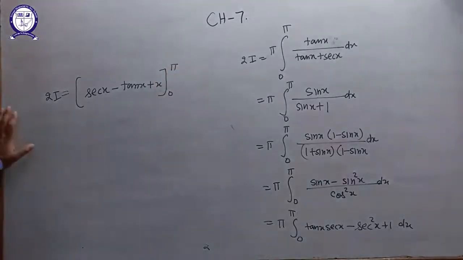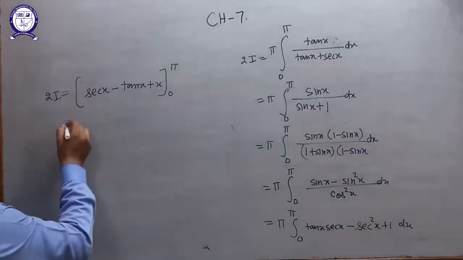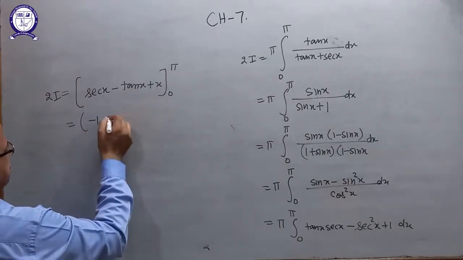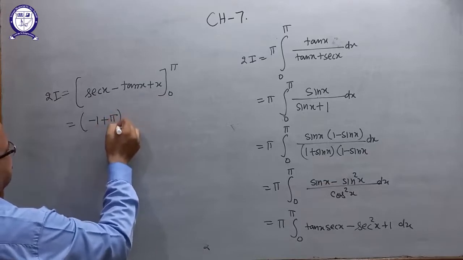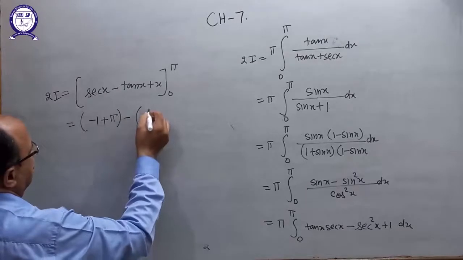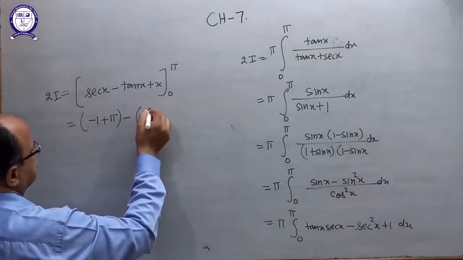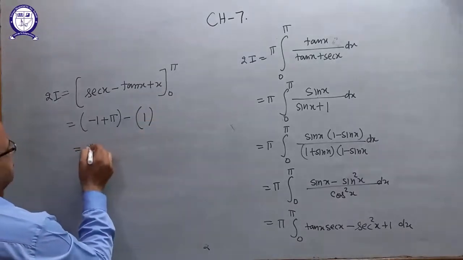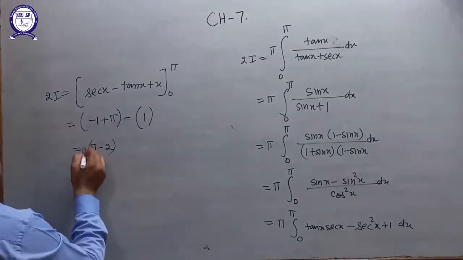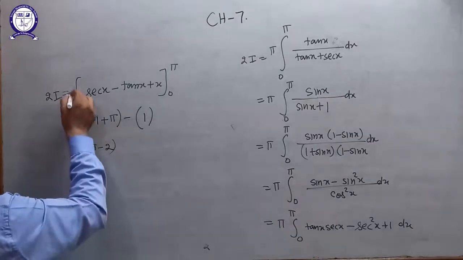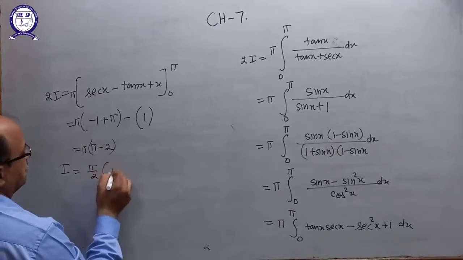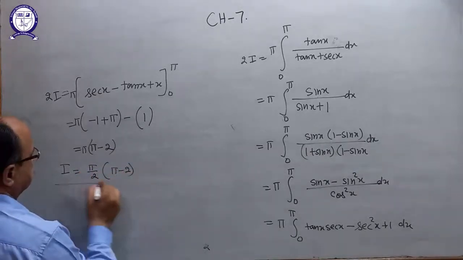Now apply the limit: sec pi is minus 1, tan pi is 0, that is pi; minus put 0: sec 0 is 1 and tan 0 is 0, so that is pi minus 2. And pi is also written in the question. Therefore the value of I is pi by 2 times (pi minus 2).